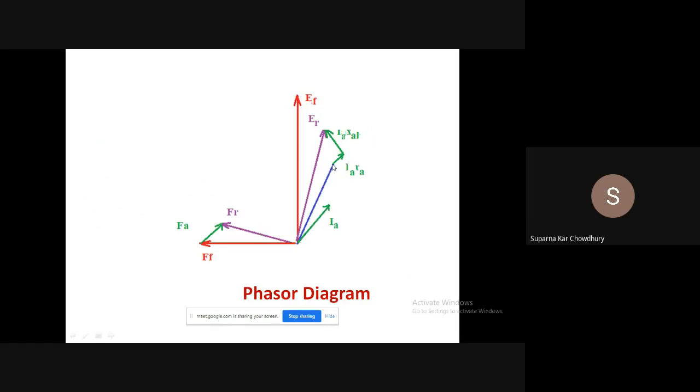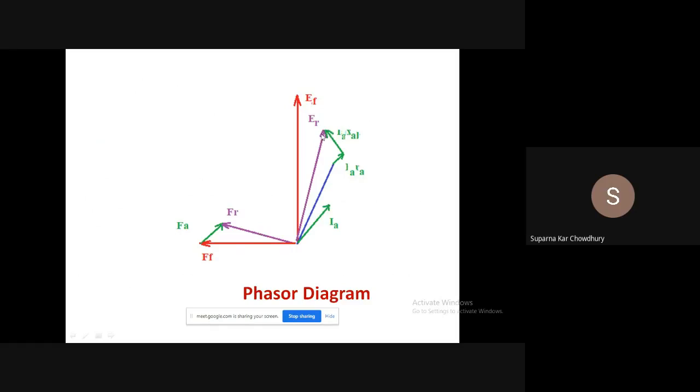This is the terminal voltage Vt and this is the current Ia. We know the power factor angle, so we can draw these two phasors. Now Vt plus IaRa, the resistance drop, plus jIaXal, the leakage reactance drop, is Er. Er is called the air gap voltage.